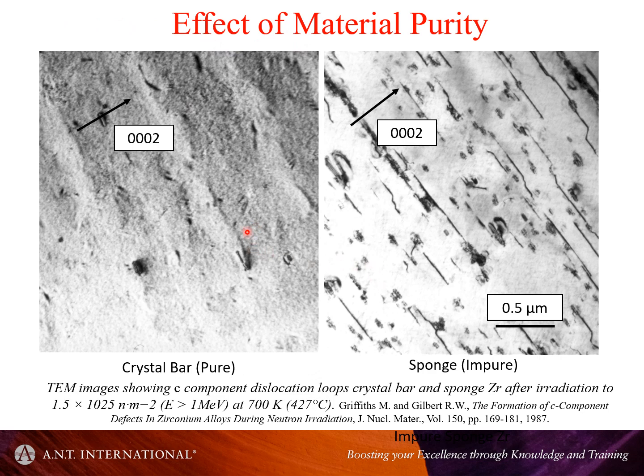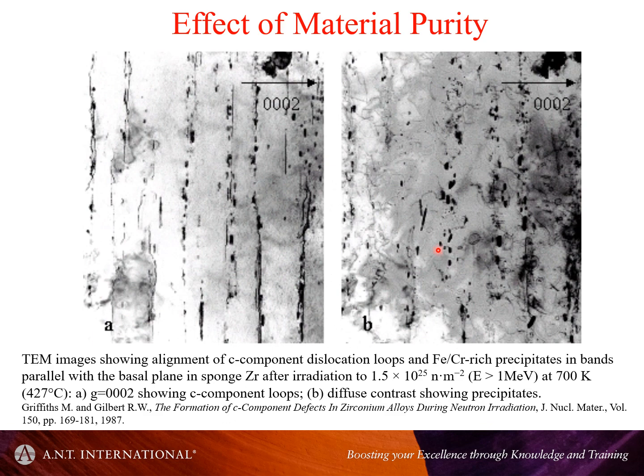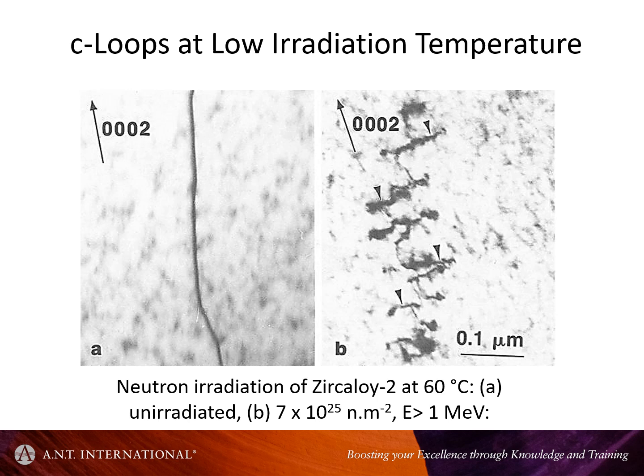One of the things from that EBR-II study that became apparent is that if you have pure zirconium, for a given dose of irradiation, we don't get any C component loops, but if you have impure material, you do get a lot of C component loops. And when we look at where the C component loops are, they tend to align up with layering, segregation of impurities. So they go hand in hand.